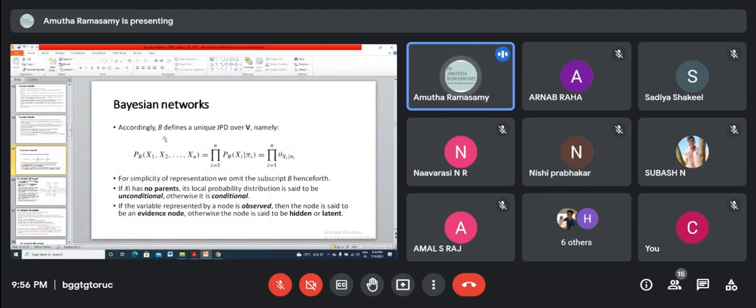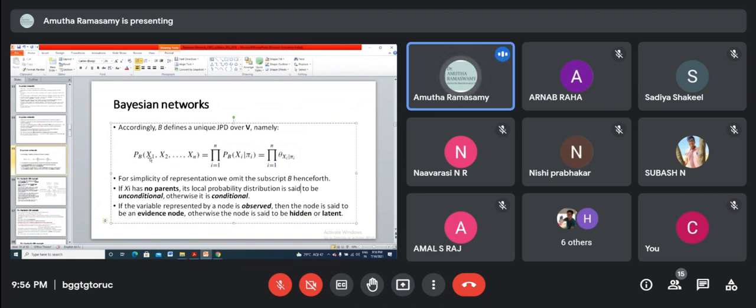So for simplicity, we are going with a joint probability distribution over a subset V. Every time, for simplicity of representation, we omit the subscript V henceforth. For each variable xi, we have a probability of identifying every individual variable state.